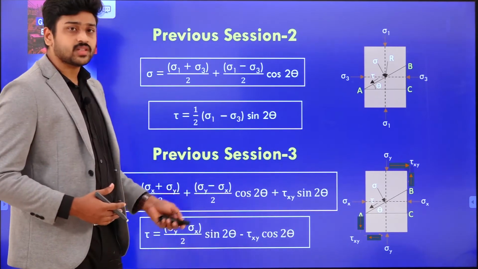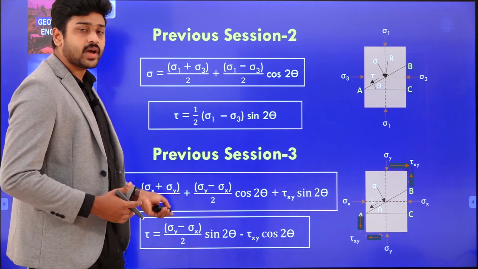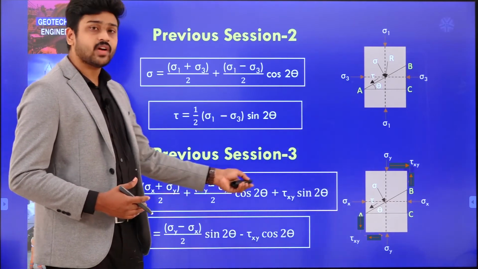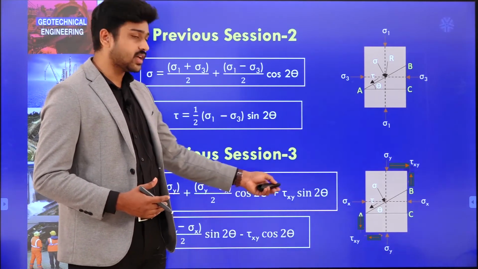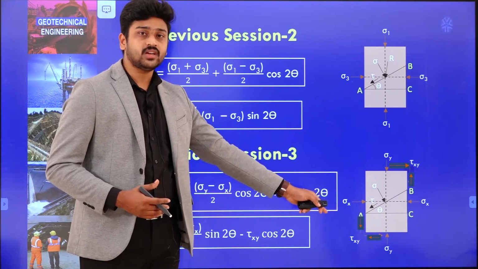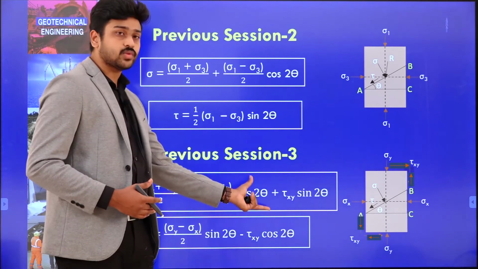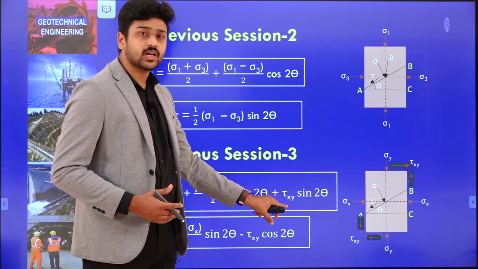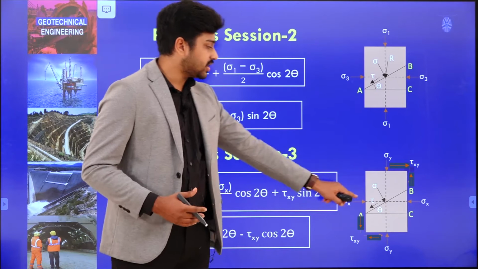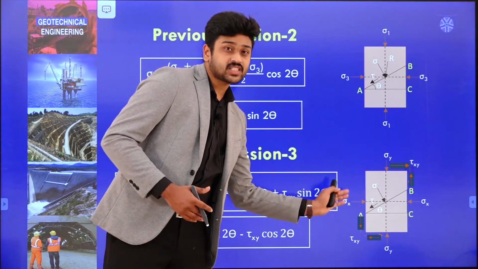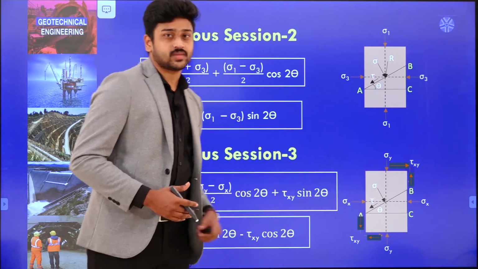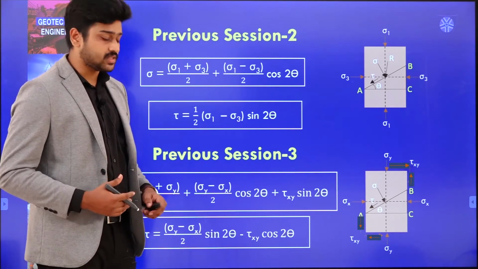So, these are the expressions. For sigma we obtained (sigma x plus sigma y) by 2 plus (sigma y minus sigma x) by 2 cos 2 theta plus tau xy sin 2 theta. If you look at these two expressions, they are almost similar up to this part, but there is an additional term, tau xy sin 2 theta, as there is a shear stress along the surfaces, because these are not the principal planes.